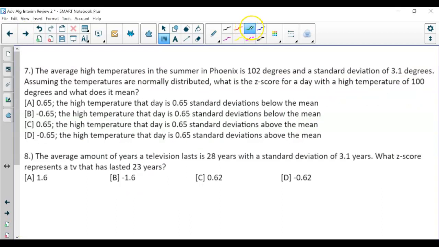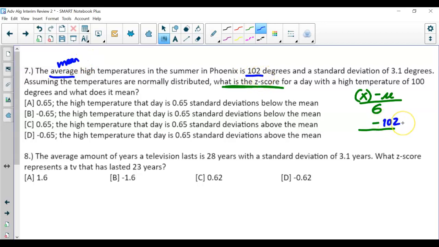So now with this next situation, we are looking for the z-score. So again, we are subtracting the mean, dividing by the standard deviation, and the x value is always what we are trying to convert. So notice by reading here, we are subtracting the mean. Well, the average temperature, the mean temperature is 102.